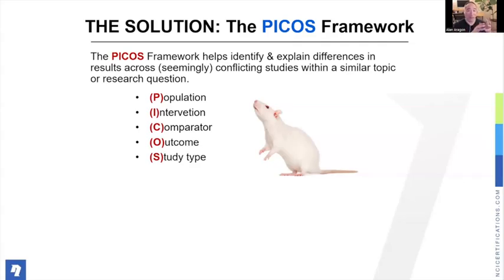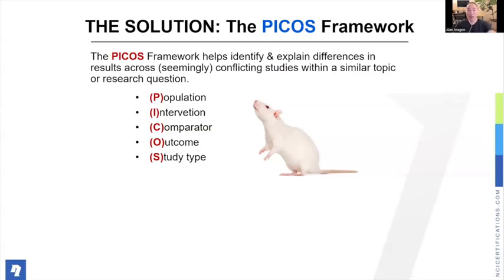So you can examine endpoints such as disease and death, whereas it's unfeasible to do that in randomized controlled trials because it's a logistical challenge and it's a financial challenge and sometimes it's an ethical challenge. So study type matters. So that is the PICOS acronym for making sense of differences in results across different studies.